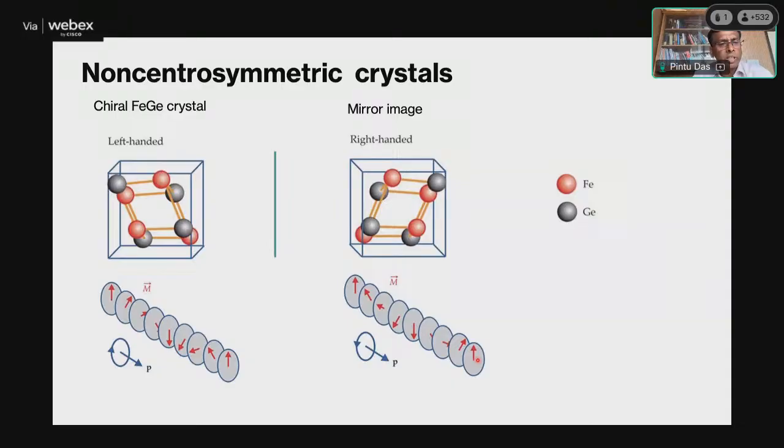What you see here is that if there is a non-centrosymmetric crystal, the spins, if you remember, your exchange interaction gives you up or down spin, right, collinear spin. But now, because of this chirality or the non-centrosymmetric crystals, the spins will cant with respect to one another.